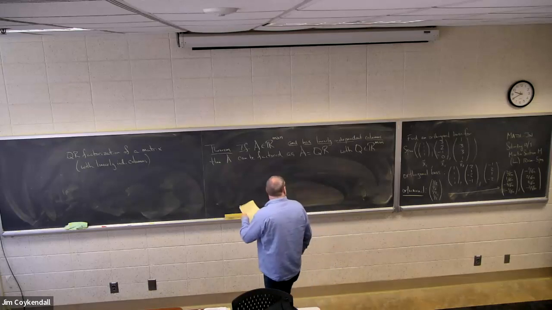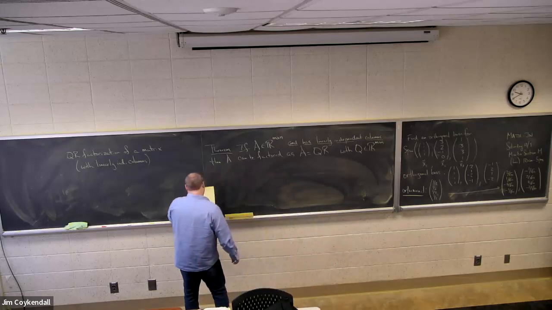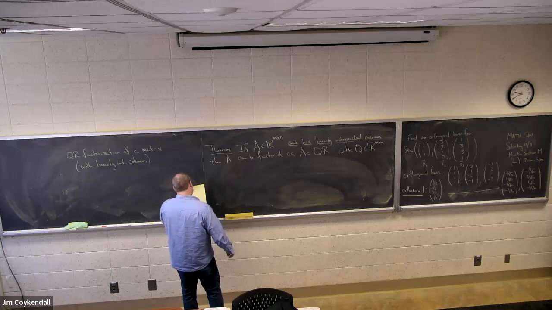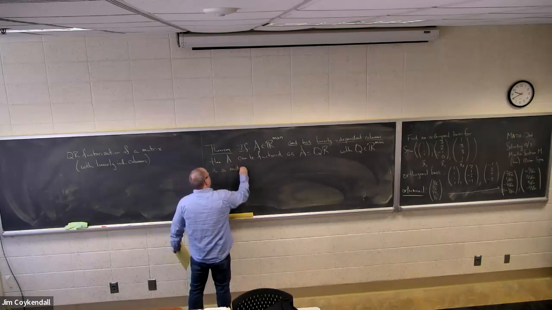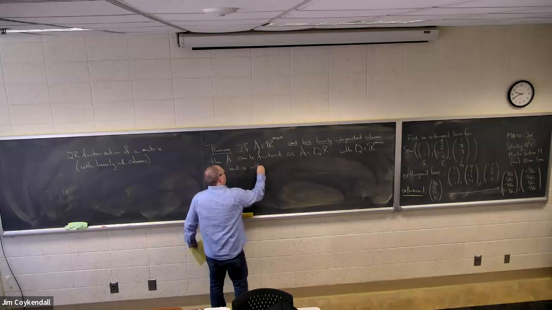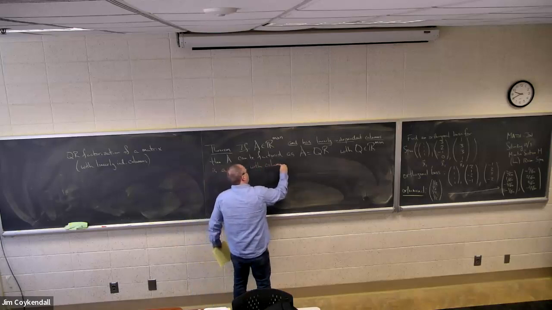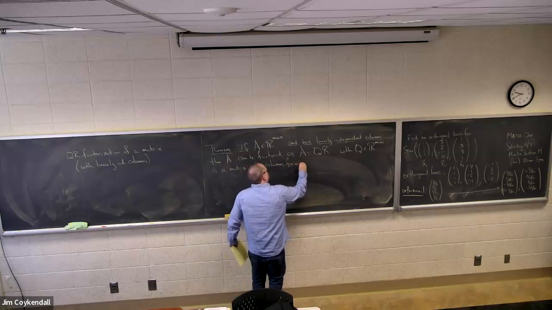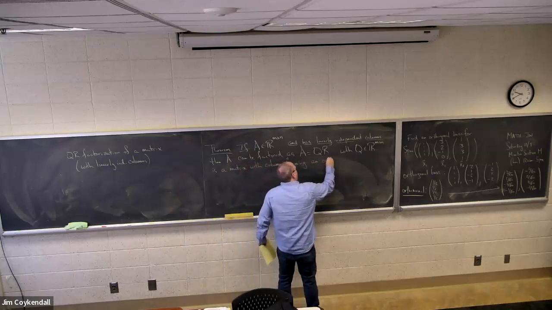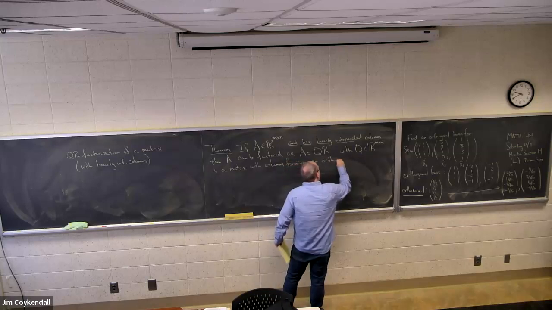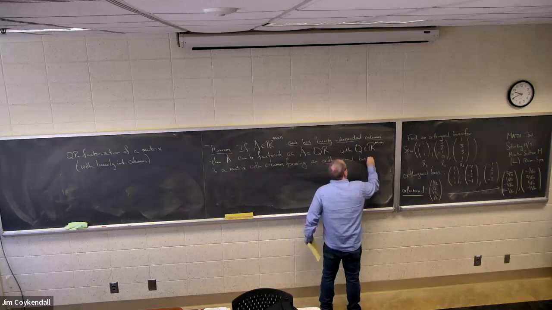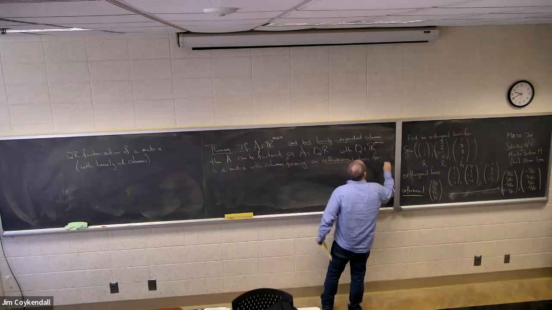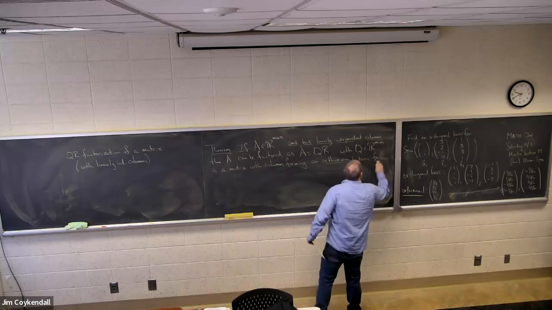But Q is the same size as A. Q is a matrix with columns forming an orthonormal basis, and I do mean normal here, for the column space of A.